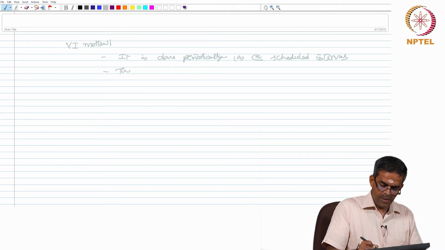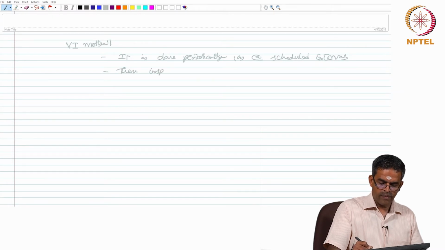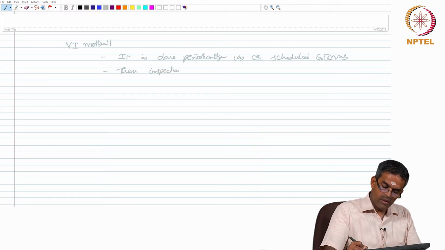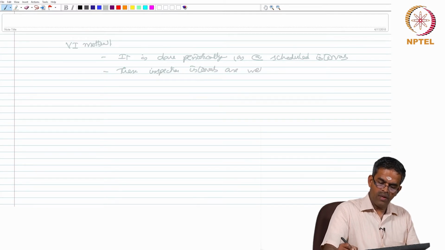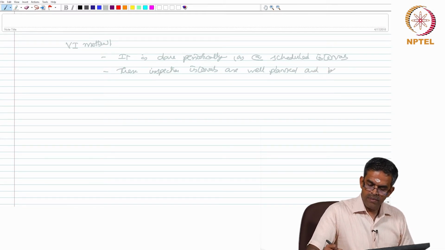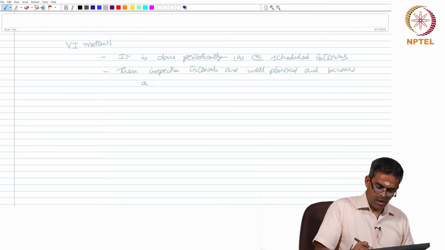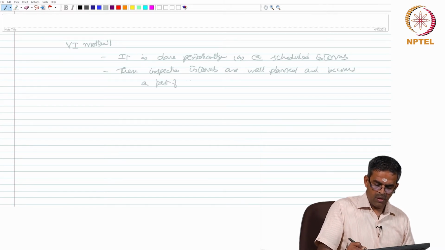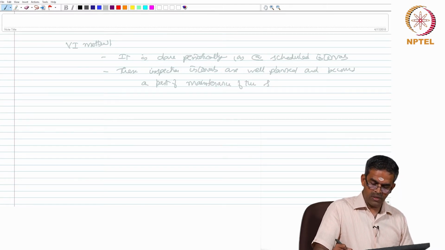These periods of inspection intervals are well planned and become a part of the technical maintenance of the structural system.